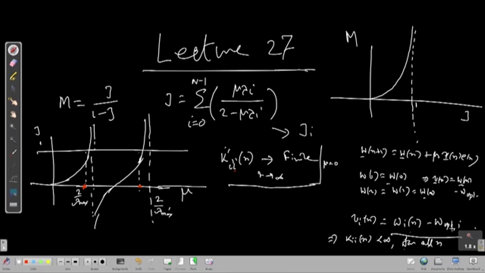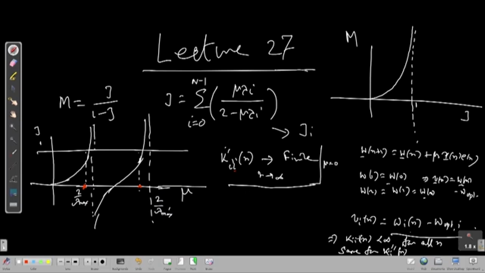So, W_i(0) minus W opt i is just a finite number, it does not change as n changes. As a result, the variance, which is just the square of it, also remains finite for all n, and the same holds for K_ii(n), since this is just a transformed version of that. Which means for mu equal to 0, this always remains finite.